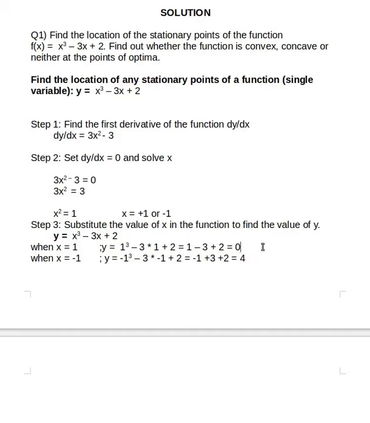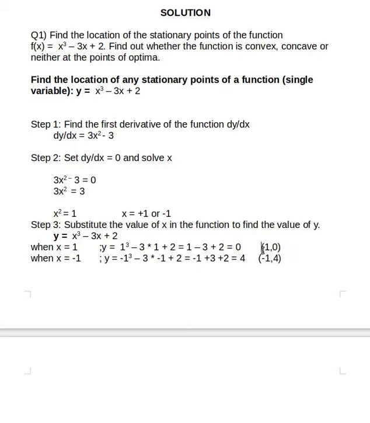So what we get? We get the stationary points as 1, 0 here, and here we get stationary points minus 1, 4.